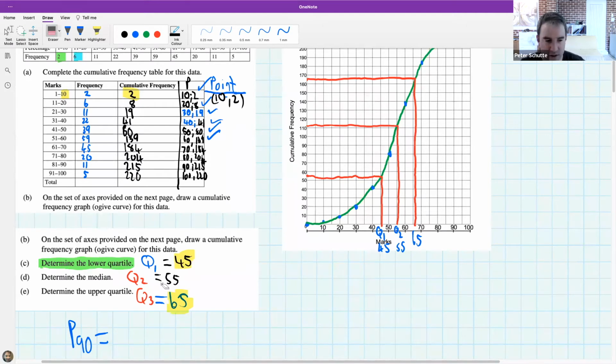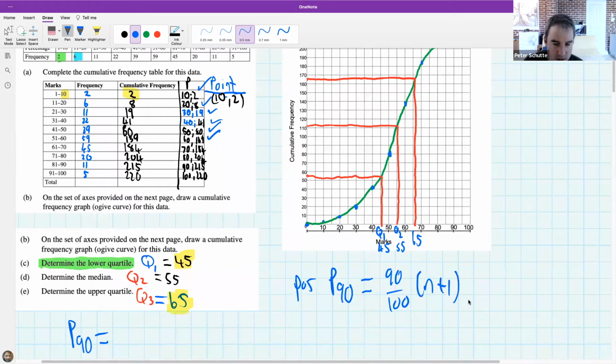If I was going to work out P90, I first have to find the position of P90, just like I did before. P90 is 90% of the way through the data, and the position of P90 is going to be 90 over 100 times n plus 1. Tell me in the chat, what is the position?